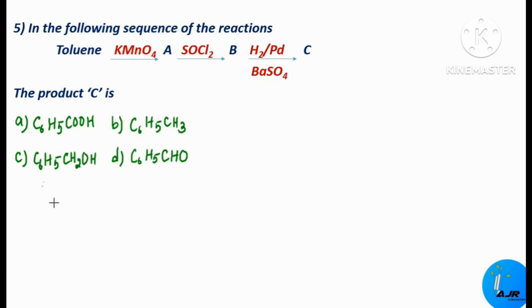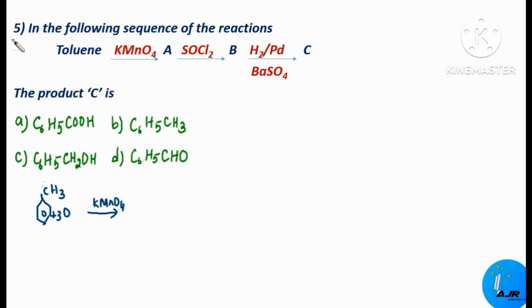So what's happening when toluene is treated with KMnO4? This is toluene, C6H5CH3. It undergoes oxidation. When toluene is subjected to oxidation in the presence of KMnO4, the alkyl side chain attached to the benzene ring always gets oxidized to COOH group.